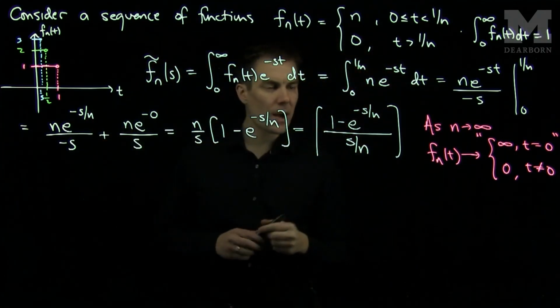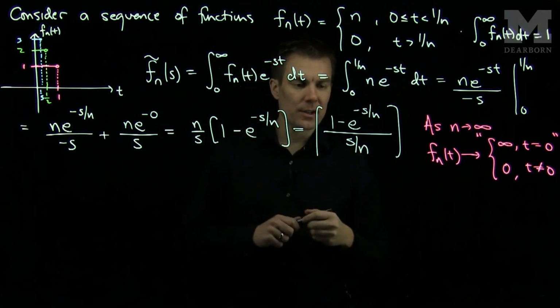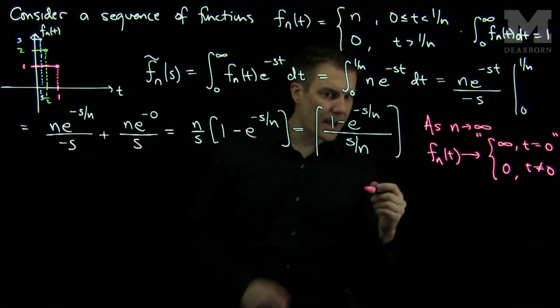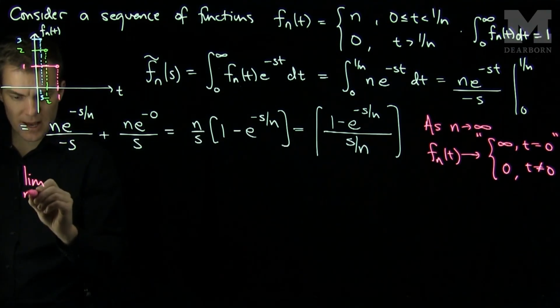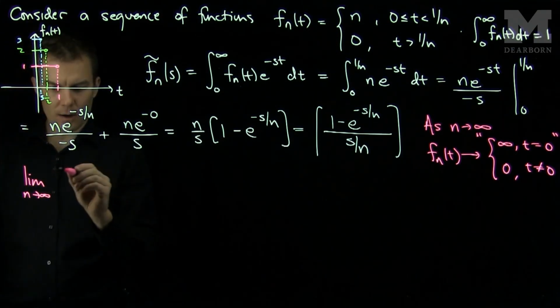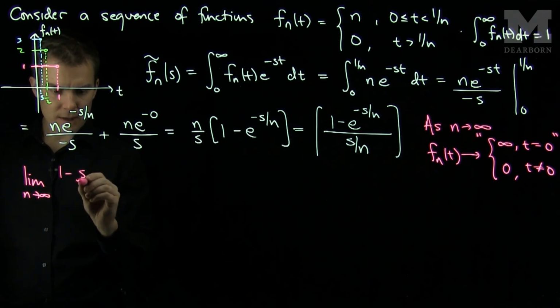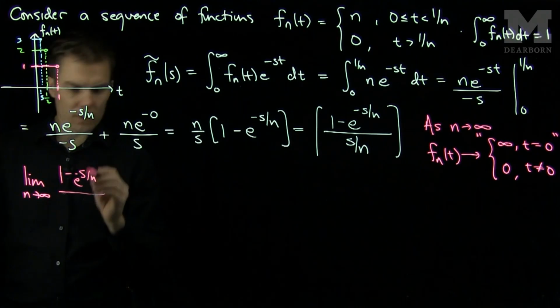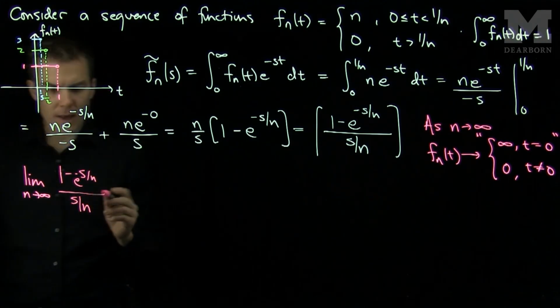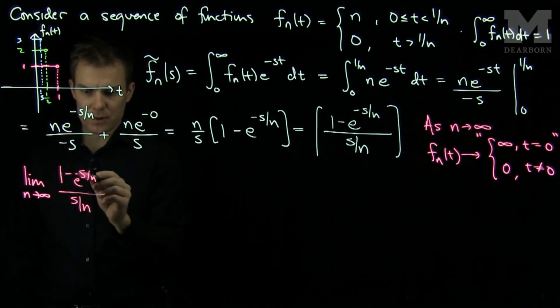Now, we can see what happens to this Laplace transform of fn as n goes to infinity. If we compute the limit as n approaches infinity of 1 minus e to the negative s over n, over s over n, as n goes to infinity, this goes to 0 and this goes to 0.